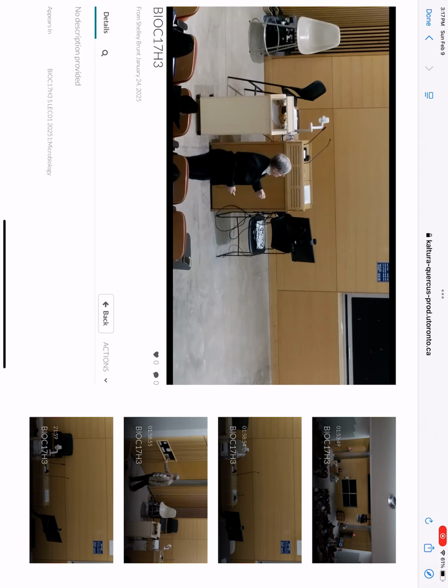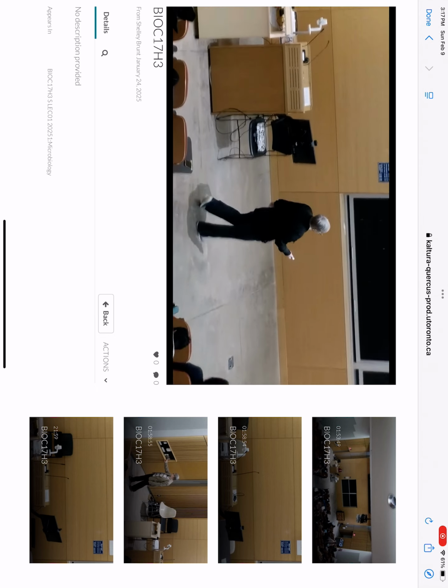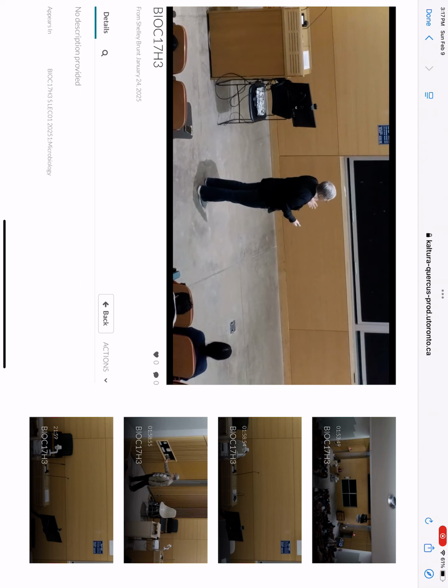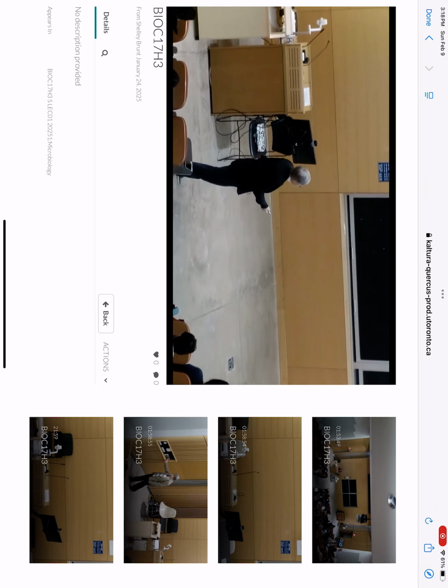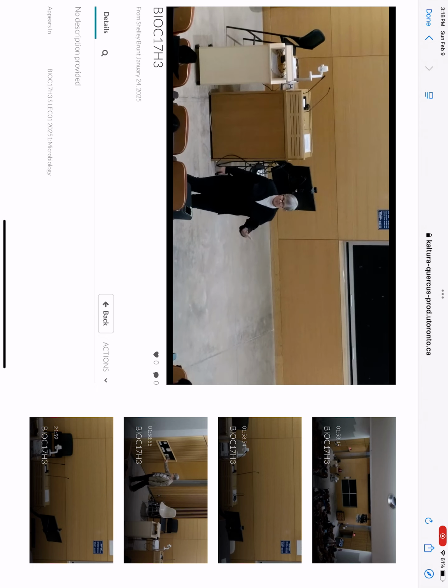The cyanobacteria, to extend that, can use sunlight as an energy source in an oxygenated world. But the purple sulfur bacteria and green sulfur bacteria are carrying out anaerobic photosynthesis.